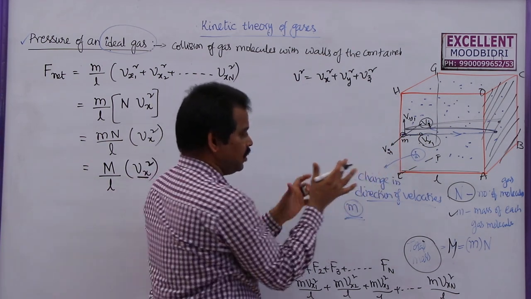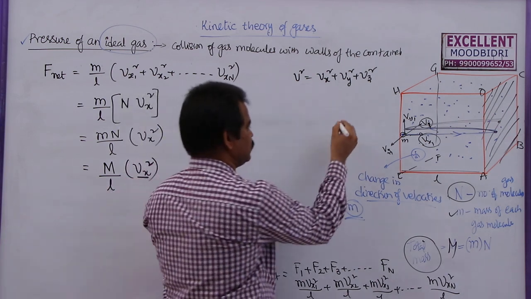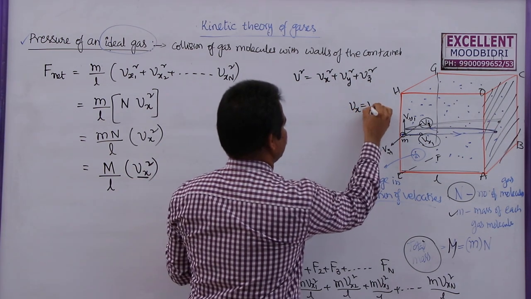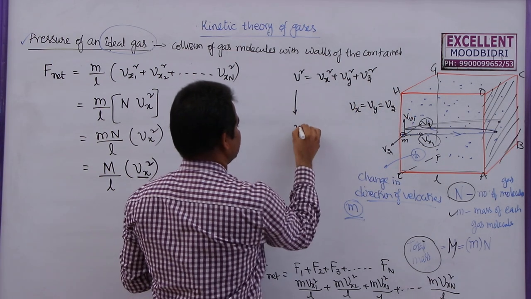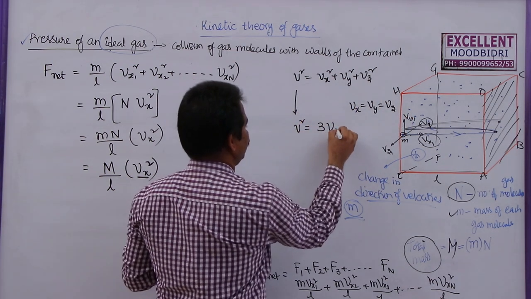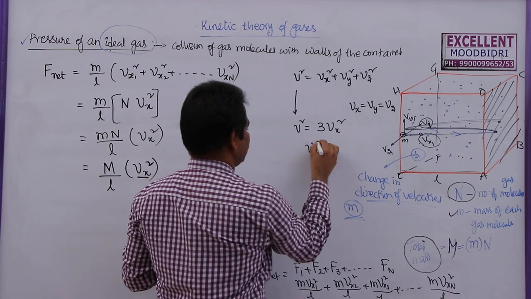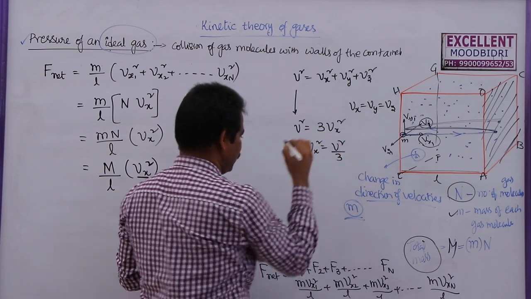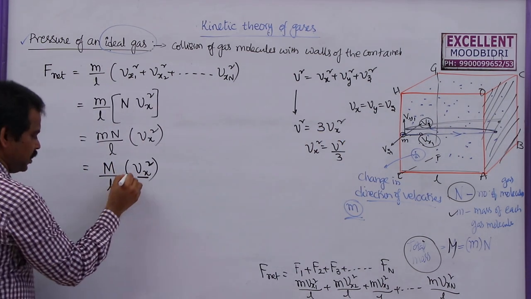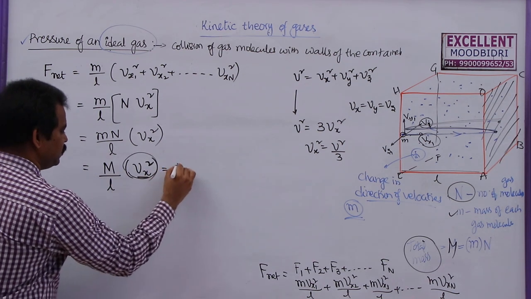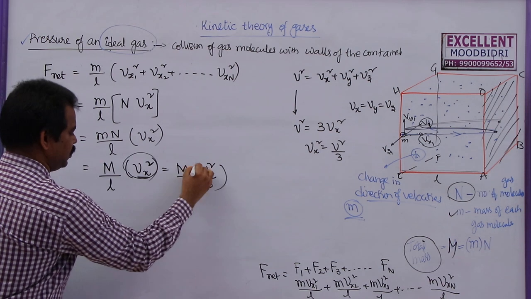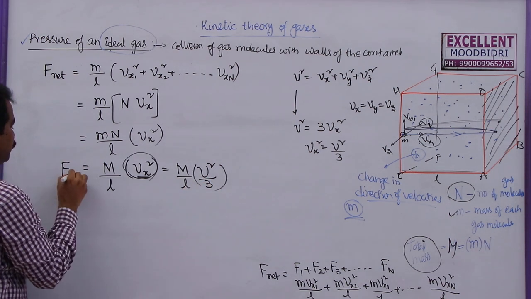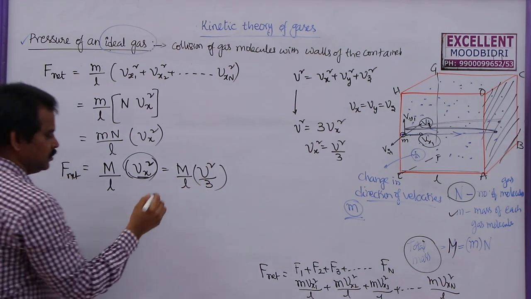Now we know that the velocities are the same in all directions, so vx is equal to vy is equal to vz. So v square is equal to 3vx square, or vx square can be written as v square by 3. Now in place of vx square I am going to write the total mass by total length into v square by 3. So this is the net force experienced.